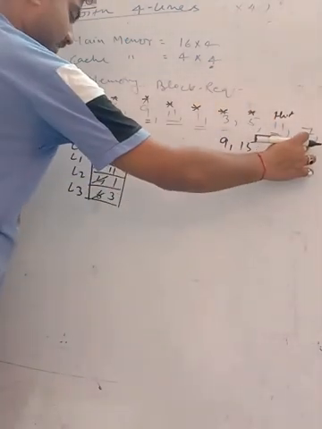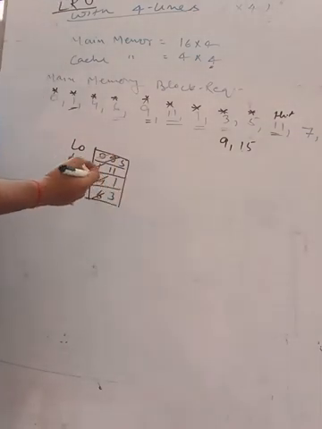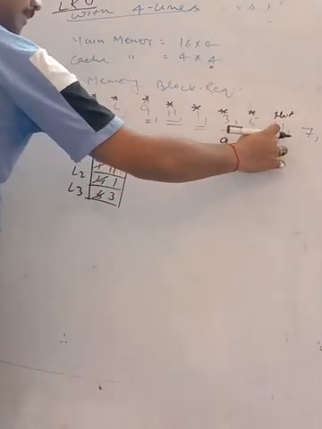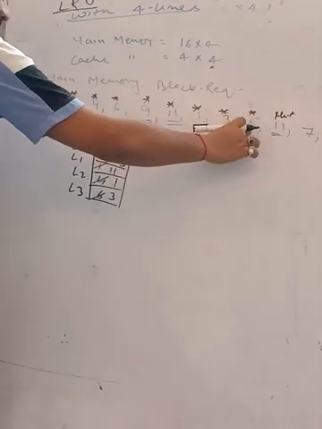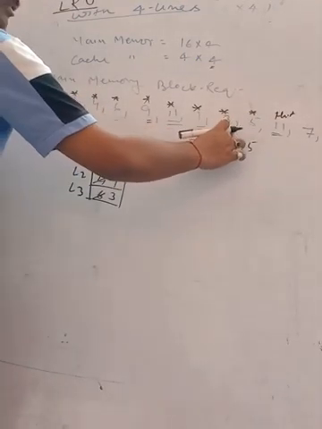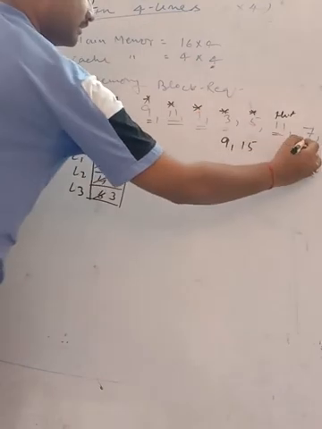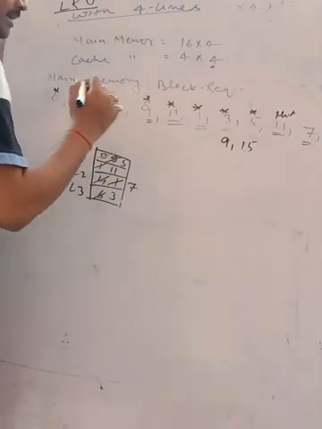When we talk about 7, which one has the most distance? 11 is nearest to 7, clear. 5 has some distance, 3 has more distance and 1 has the most distance from 7. So in this case 1 is replaced and 7 is inserted.